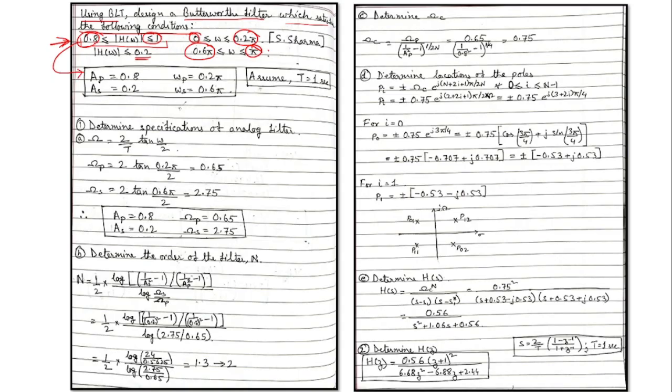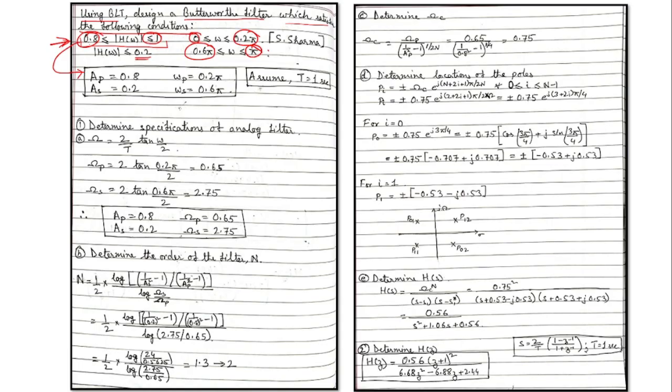Okay, so from here we will be getting the AP value. AP is considered as the minimum value in the pass band. In the pass band we have two values, 0.8 and 1. We already discussed that when designing any kind of digital filter, there will be ripples. Ripples are basically sinusoidal wave-like structures.